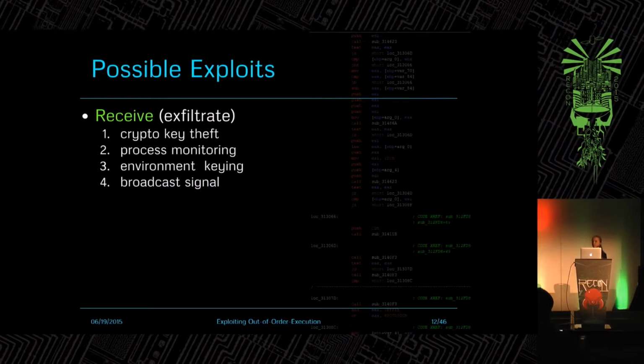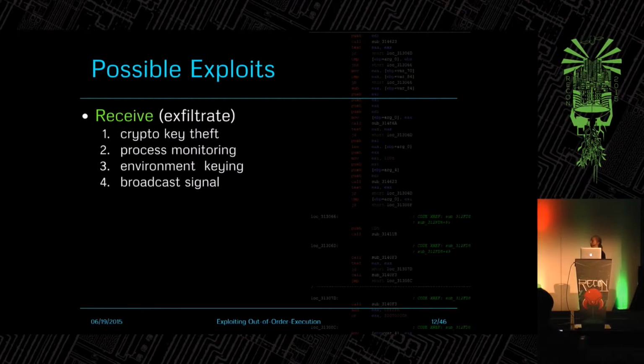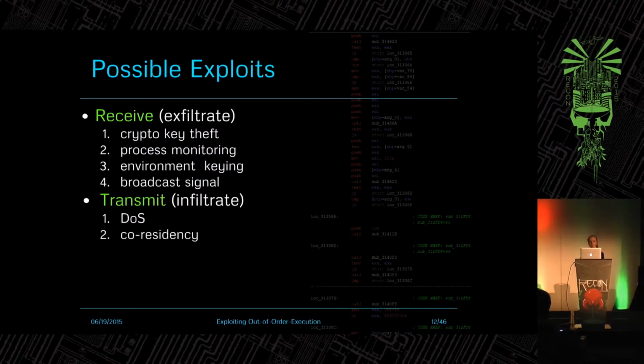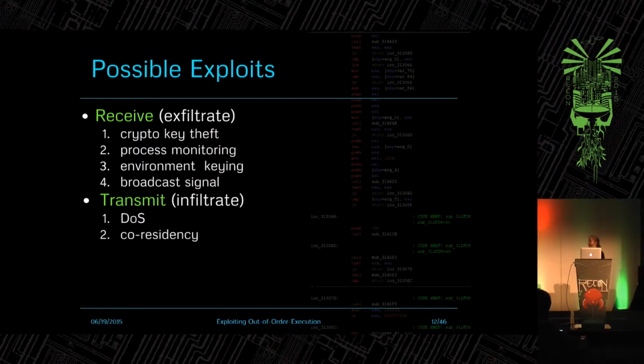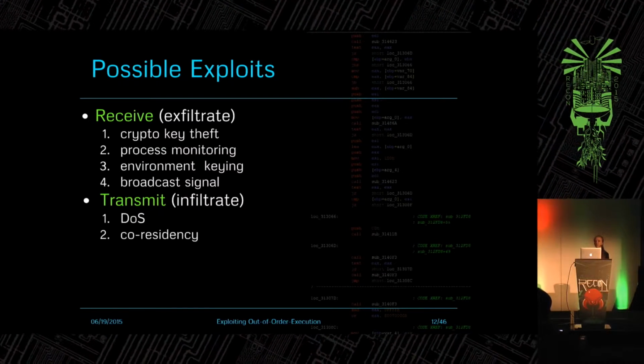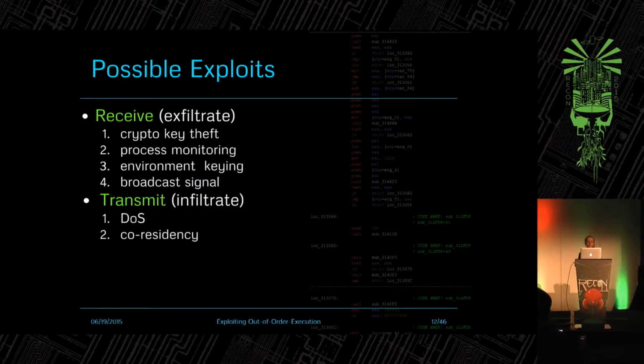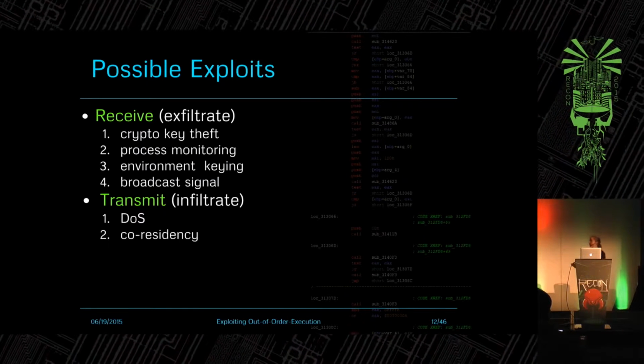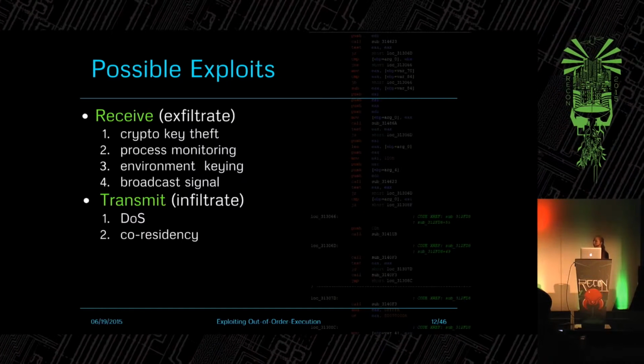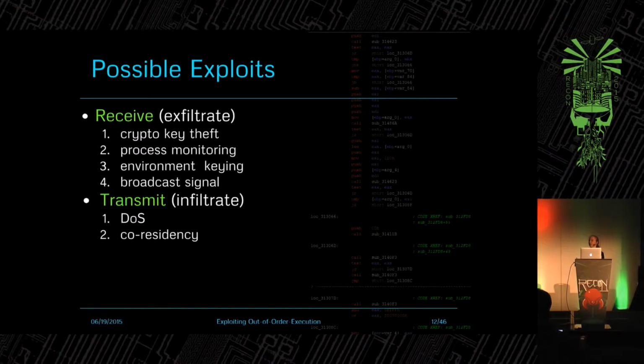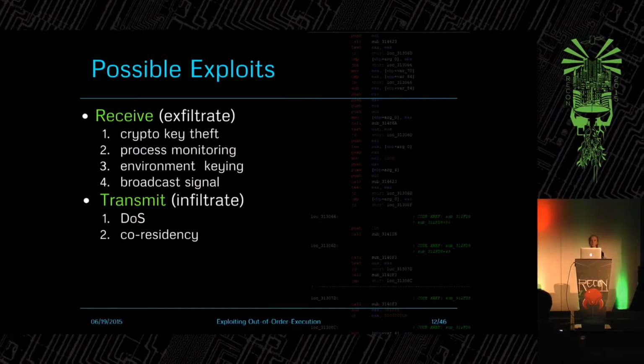And that you could use then to determine what physical resource you're running on. Now, on the opposite side of the spectrum, if you're just running a transmitter or if you're just forcing artifacts in the shared hardware, you could do something like a denial of service attack where you clog the pipeline or you clog the cache so other processes that might need it can't.